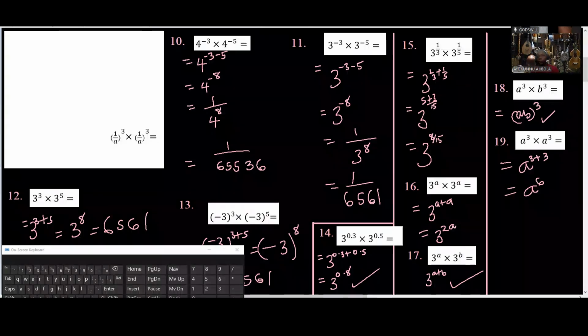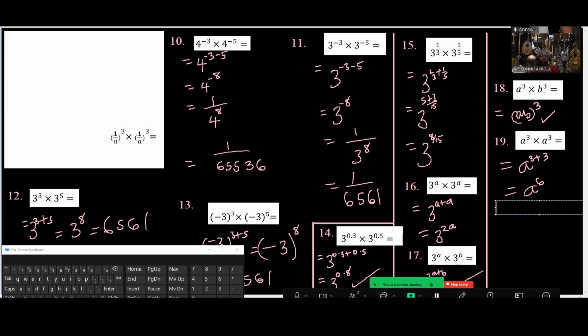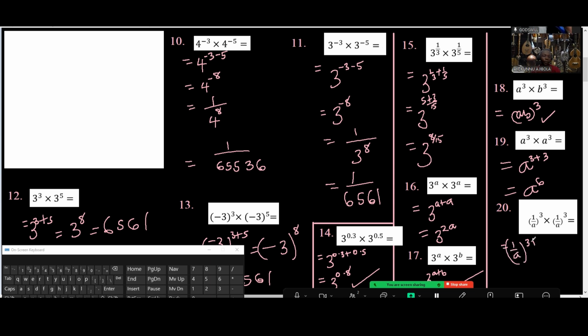And finally, number 20. Before you write them down, we have this one here. That is 1 over A and another 1 over A raised to power 3. So since they are both 1 over A, we're going to say this is 1 over A raised to power 3 plus 3, okay?